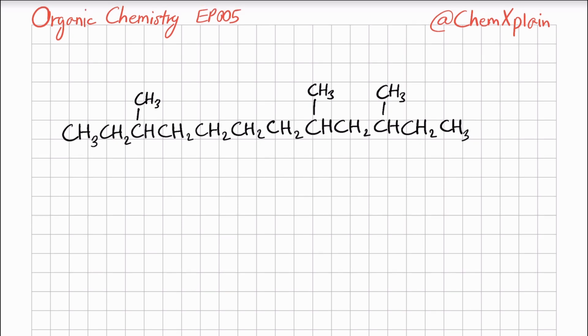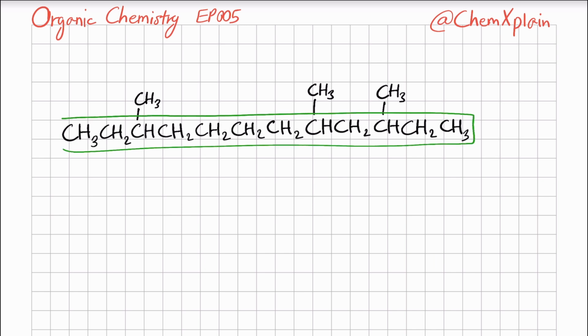Let's go. Trying to name this alkane, the first step would be defining the main chain. So, as it is seen, we can easily say that this would be our main chain. Now that we have found it, it's time to say how many carbons we have in the main chain.